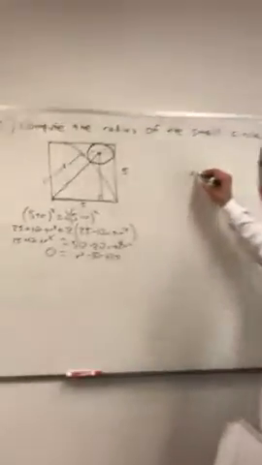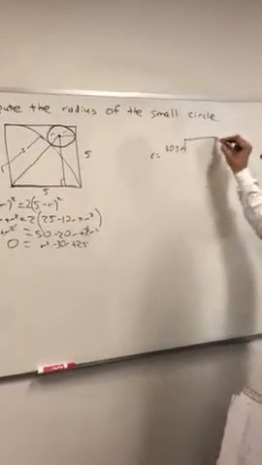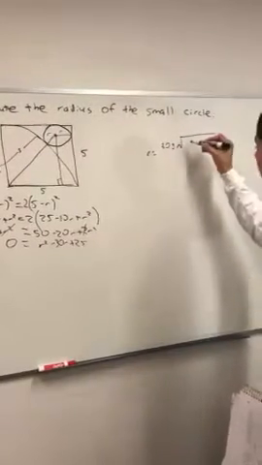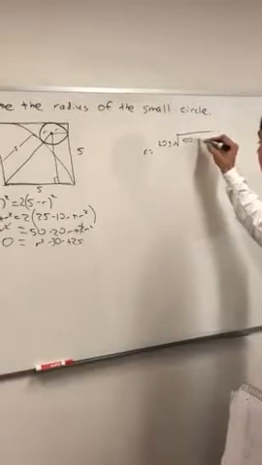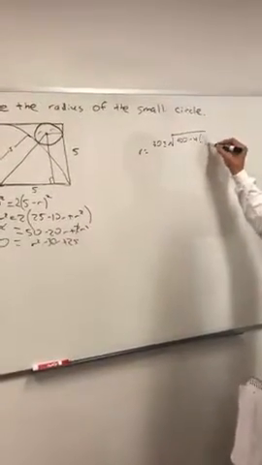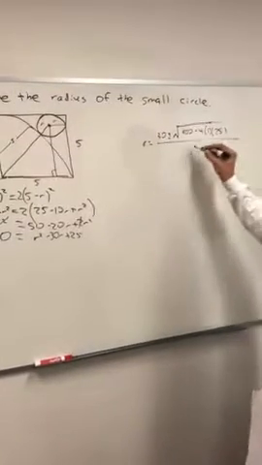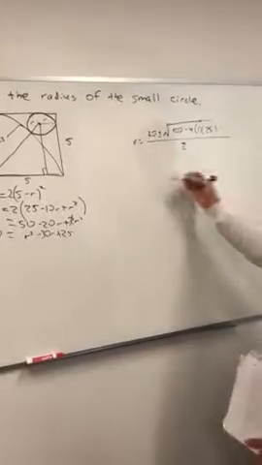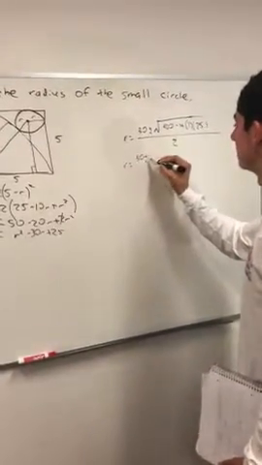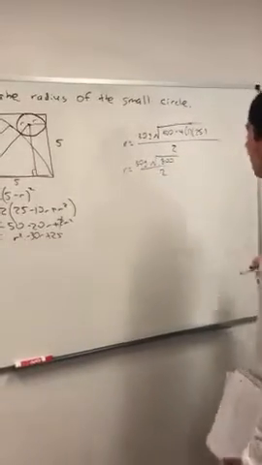So negative b plus or minus the square root of b squared, so 900 minus 4 times a, which is 1, times c, which is 25, all over 2a, which is just 2. And then, so R equals 30 plus or minus the square root of 800, all over 2.